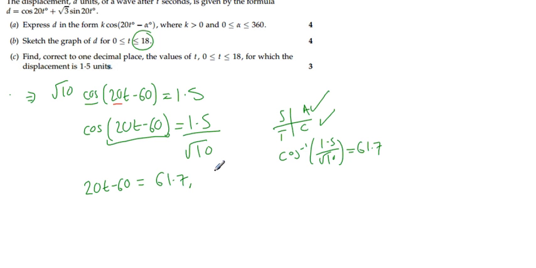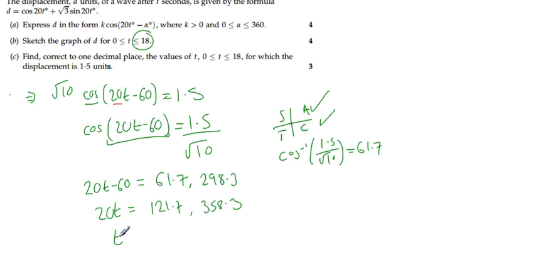And in the fourth quadrant, it's going to be 298.3. Okay, so we're still solving, adding 60 to both sides. 20t is 121.7 and 358.3.